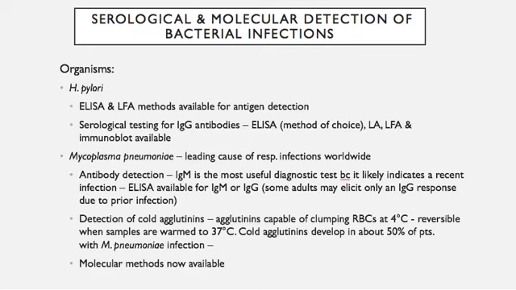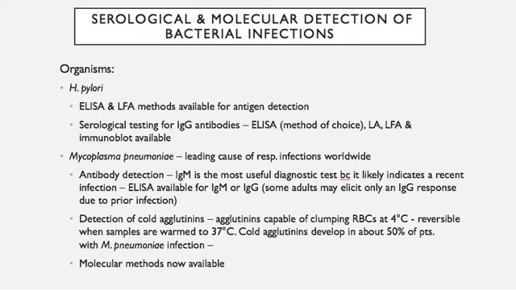So depending on the organism that you're trying to detect, a lot of manufacturers have both antigen and/or antibody detection kits, but it kind of depends on what's more practical for the organism that you're looking for. So this is one that has antigen and antibody detection methods available.